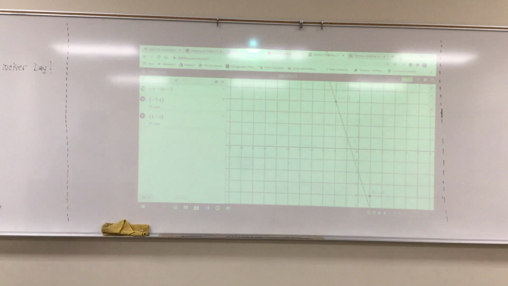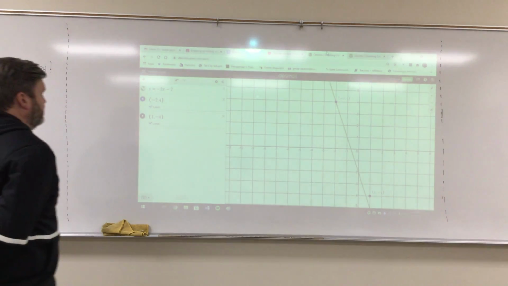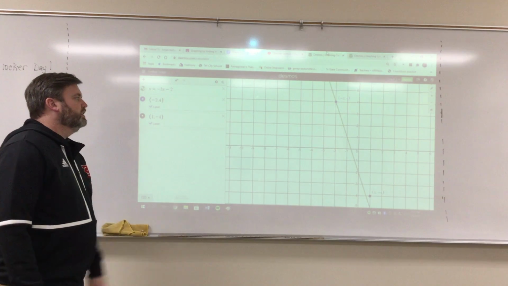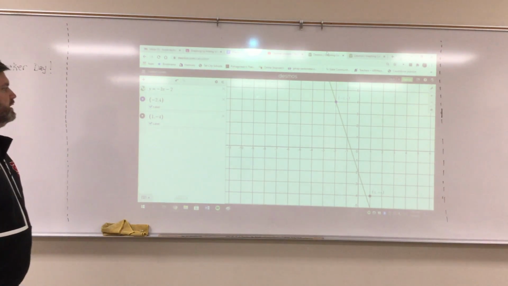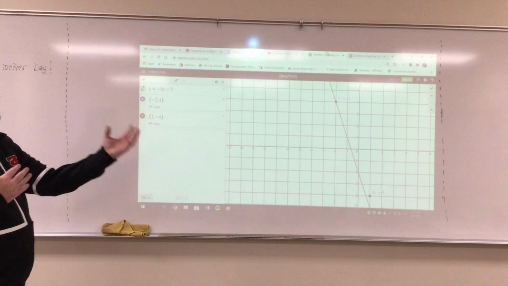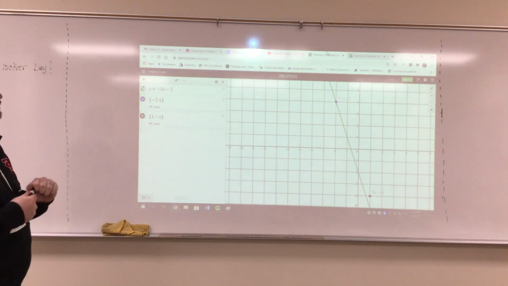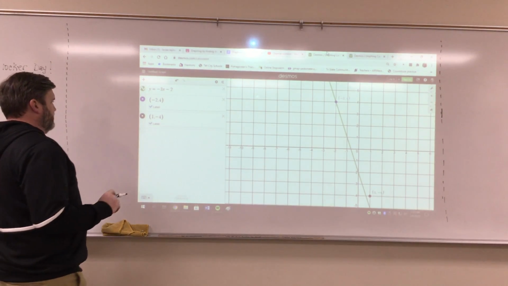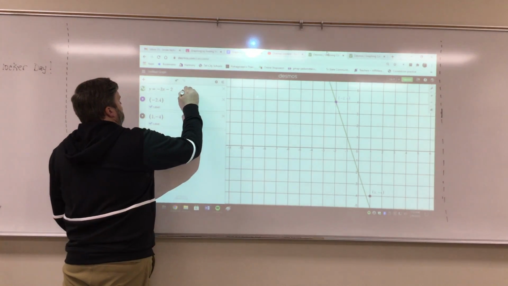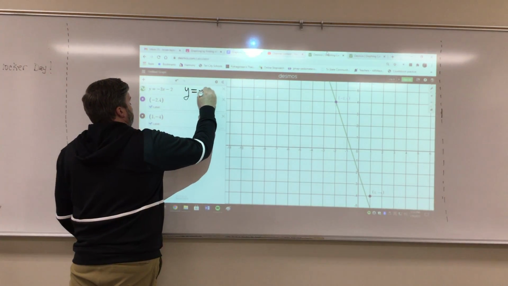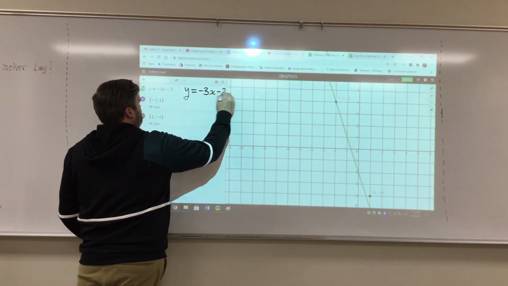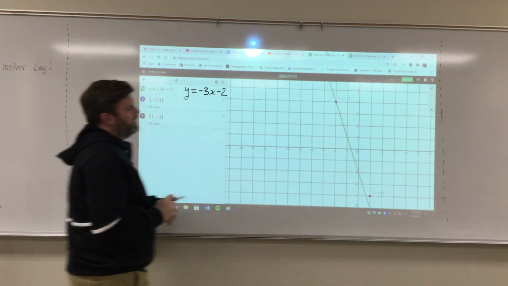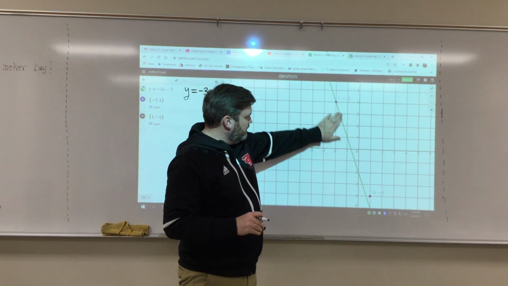I do have a couple of examples from a graph just so you can see which points are on and which points are off and how the algebra works out. The equation is y equals negative 3x minus 2, and we have the graph of the line going through here.